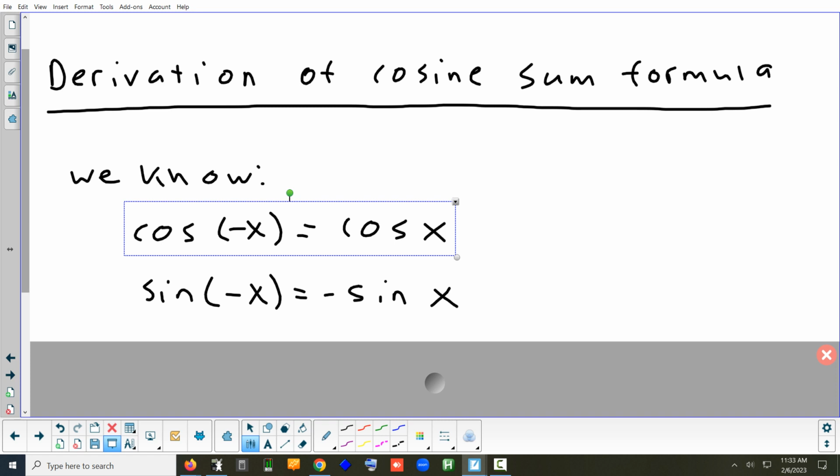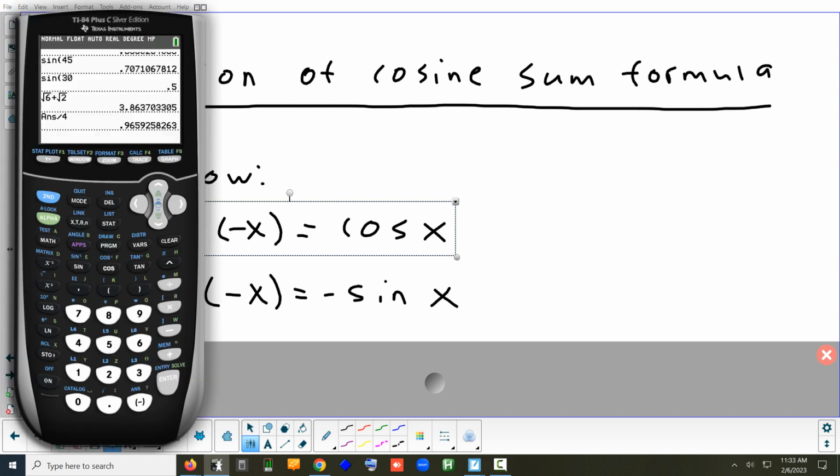You don't need it. Here's an example. Take the cosine of negative 25. Take the cosine of positive 25. What's the difference between those two answers? Nothing. Cosine negative 25, cosine positive 25, same thing.